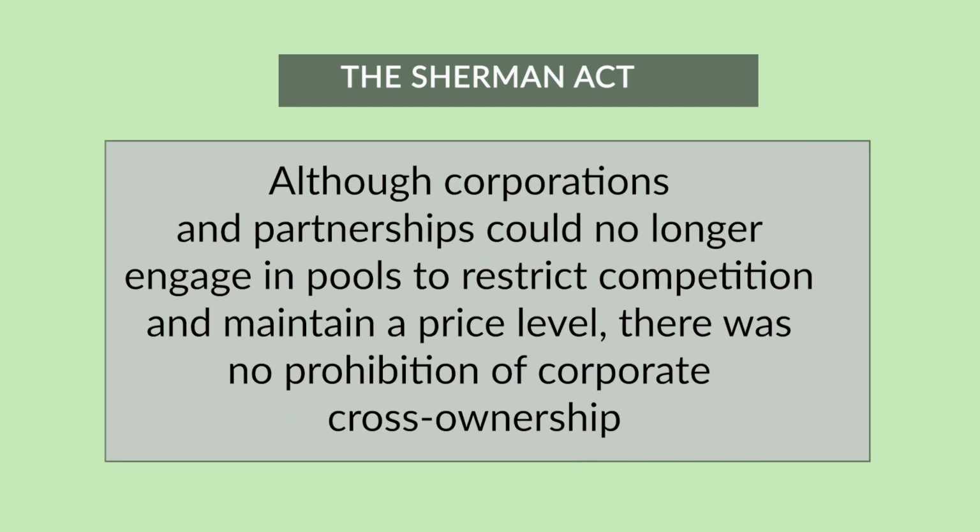Although corporations and partnerships could no longer engage in pools to restrict competition and maintain a price level, there was no prohibition of corporate cross-ownership. We find at this stage that consolidation took the form of outright purchase of other businesses.